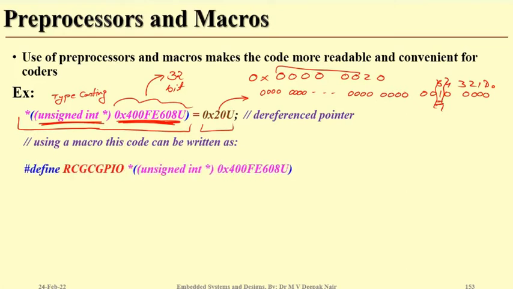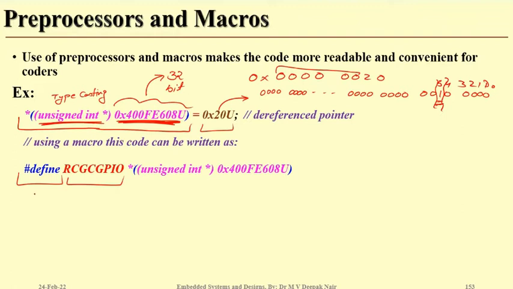Then rather than writing the same stuff again and again for different registers or addresses, which would be a very cumbersome job, what you are doing here is define, and you are using a better name for it.